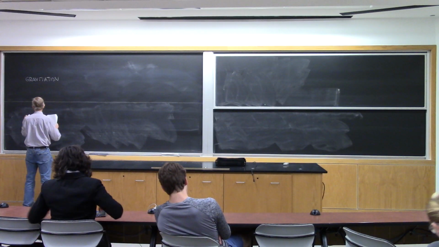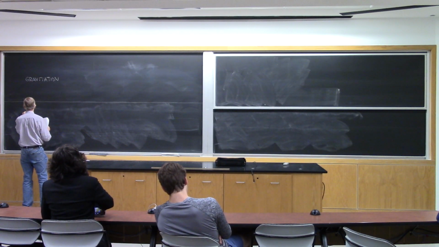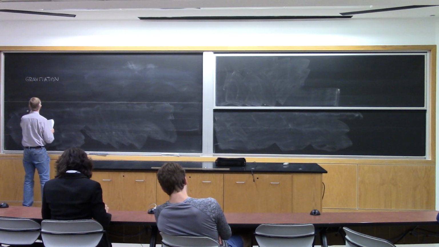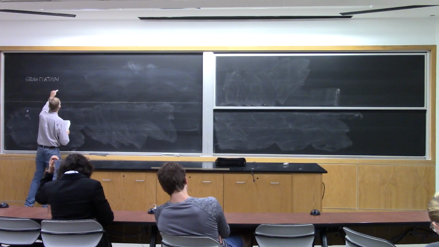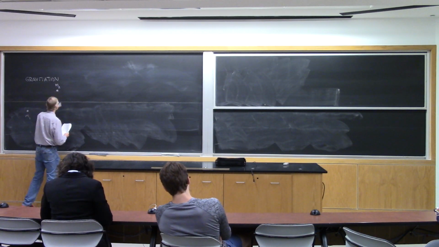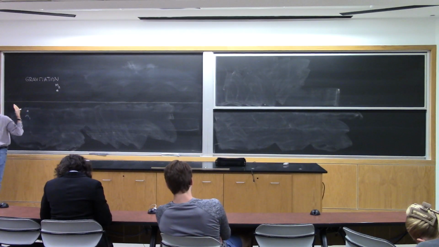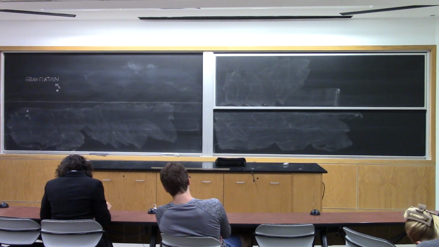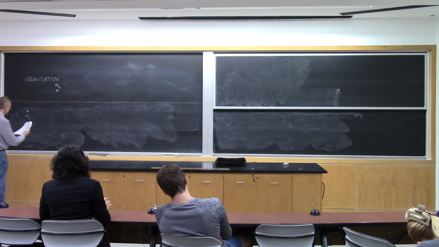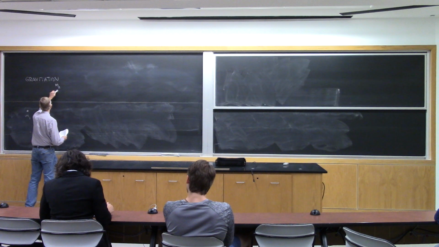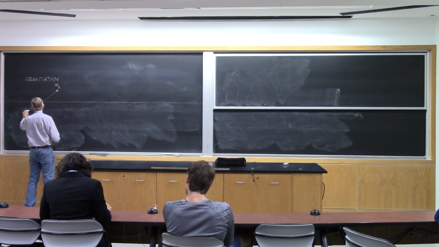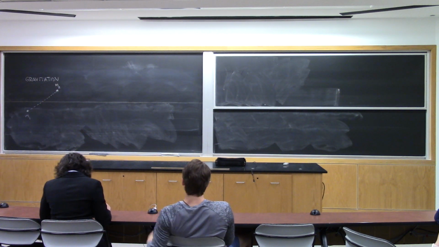All right, so we'll establish our symbols here. We've got two objects gravitating, because that's super important in astrophysics, right? Binary stars and whatnot. So there are two objects, masses M1 and M2. I'll draw a dashed line joining the two of them.